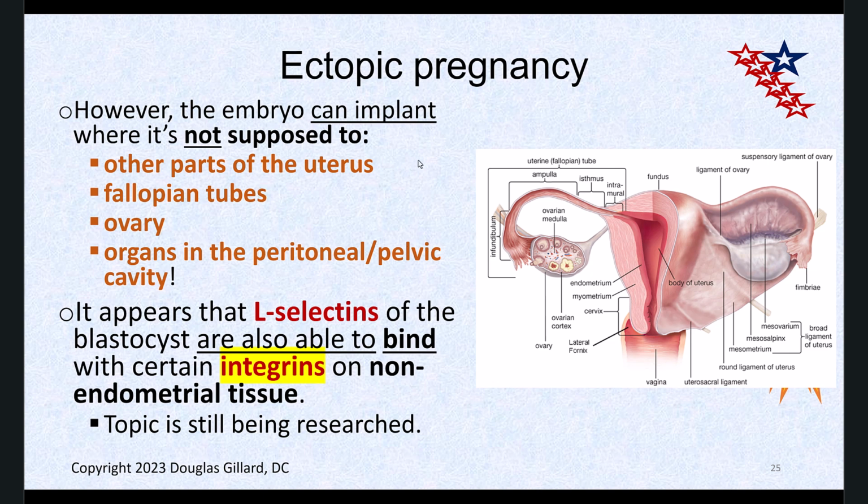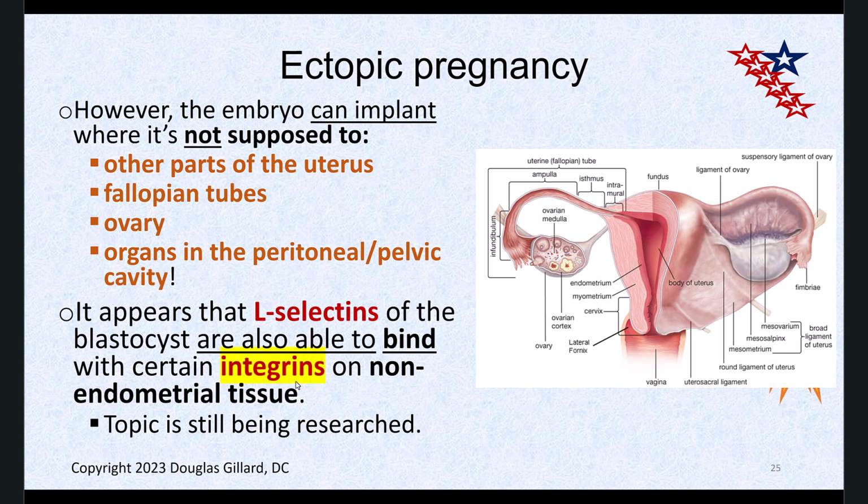Okay, yep, so it can implant in other places: fallopian tubes, ovaries, anywhere in the pelvic cavity. It appears that L-selectins of the blastocyst are also able to bind to another group of proteins called integrin proteins. There are about 5 of them that these L-selectins can bind to, found on ovarian tissues and inside the fallopian tube wall.